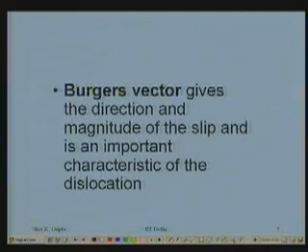We also described that the Burgers vector of a dislocation gives the direction and the magnitude of the slip, which is actually a relative slip between the slip part and the unslipped part, and it is an important characteristic of a dislocation. We saw its relationship in the edge dislocation with the screw dislocation and the mixed dislocation.